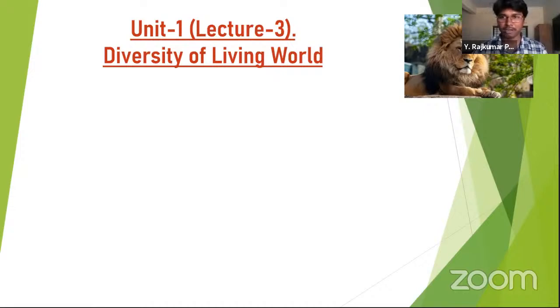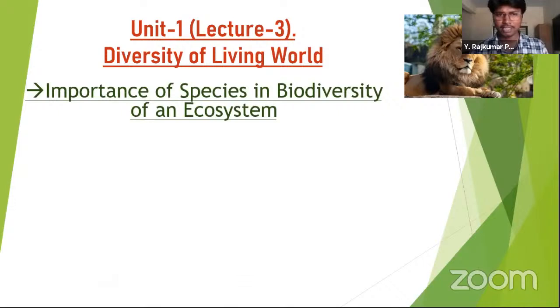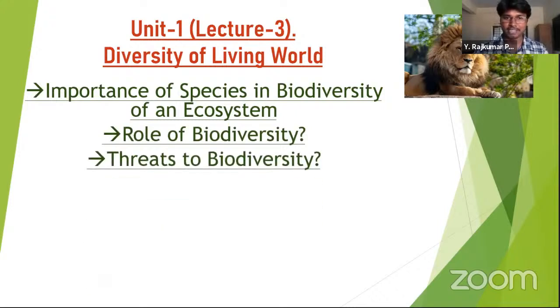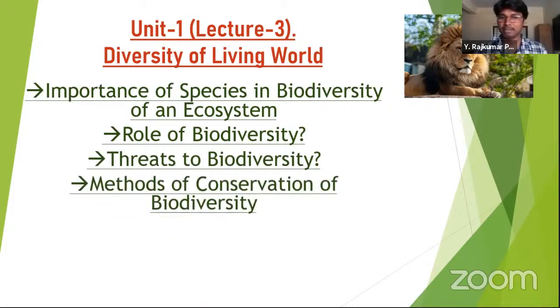Today, we are going to have the third lecture, on the following topics: the importance of species in biodiversity in an ecosystem. We are going to learn about the role of biodiversity, threats to biodiversity, and methods of conservation of biodiversity.